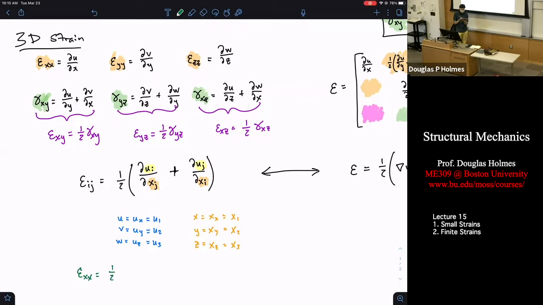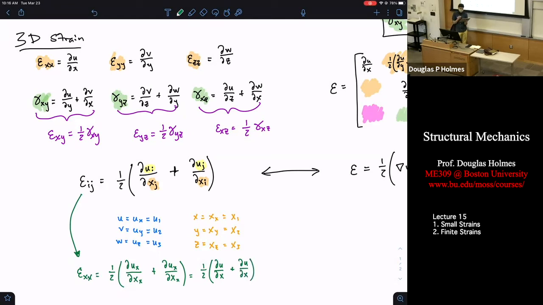So I have an equation that looks like 1/2 partial derivative of u_x with respect to x plus the partial derivative of u_x with respect to x, which is equal to, based on what we have written in here in blue and orange, 1/2 partial derivative of u with respect to x plus the partial derivative of u with respect to x.